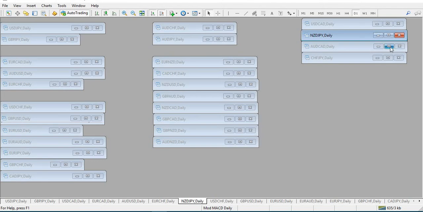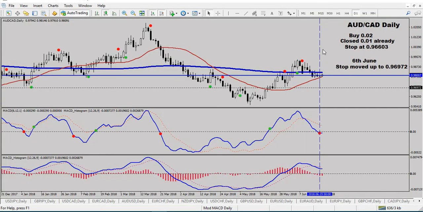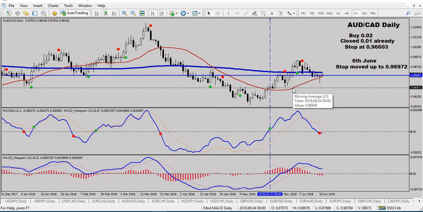And the next one is the Aussie Canadian. I was in a buy from back here somewhere. Went up nicely. I closed out half up here. Put a stop in place. Prices kept on going up, but slowly fell away. And today I've got a new sell signal. Don't worry about the colours.